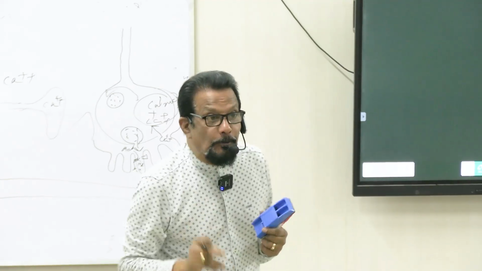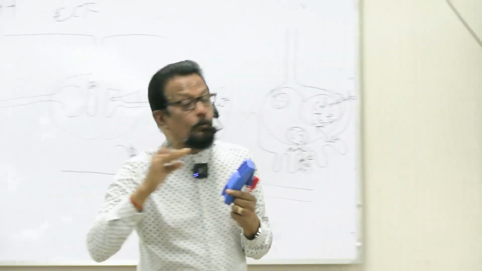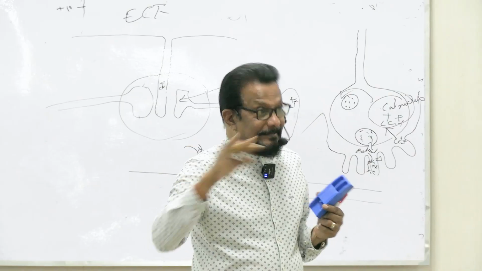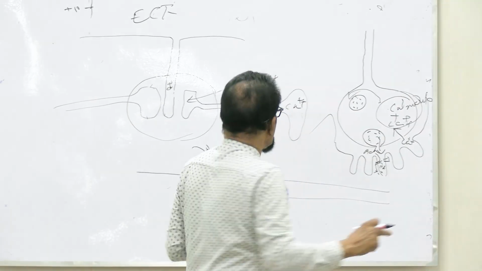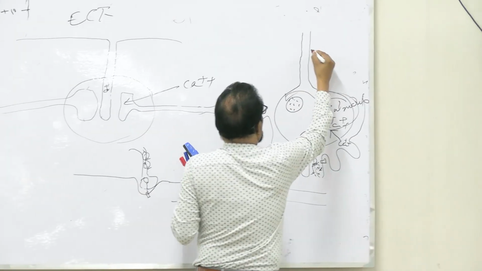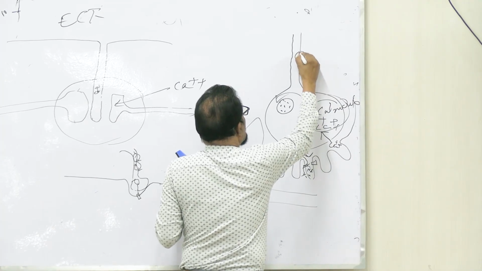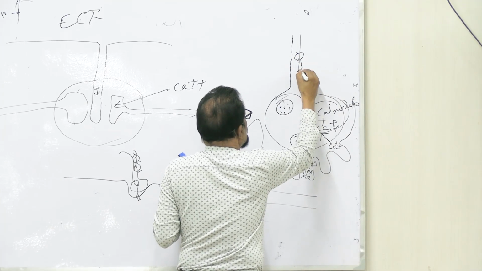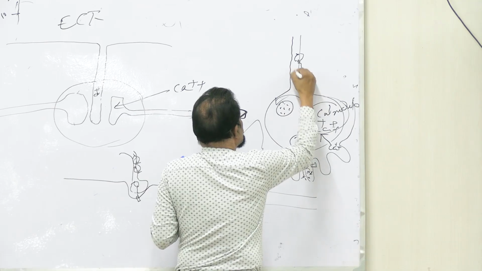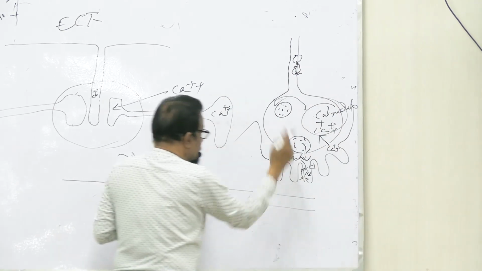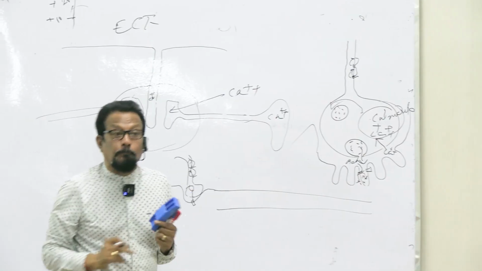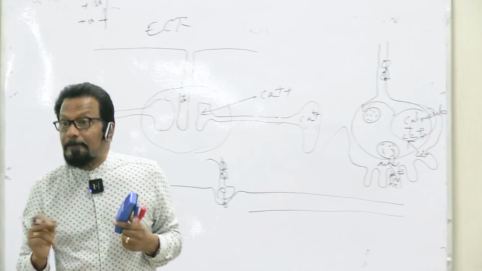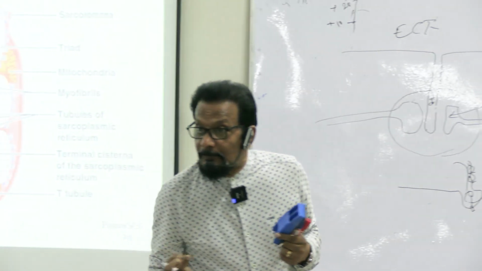Now we know these action potentials are propagatory in nature. They can propagate. Like this, we have seen they form a loop, a current loop. So here also they will form this sort of current loop, current sink.